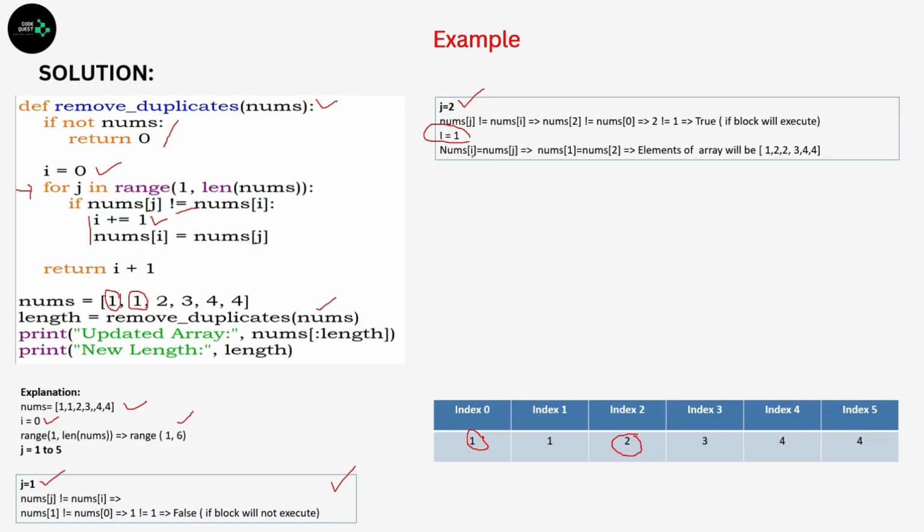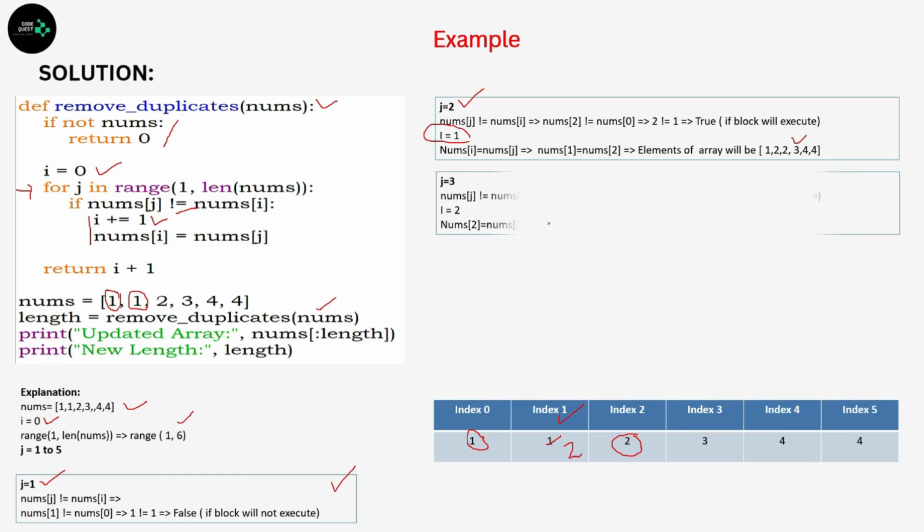So nums of I equal to nums of j, which means nums of 1, I mean this index element will be updated with nums of 2. What is nums of 2 presently? 2. I mean this 1 is now replaced with your 2. So the updated array as of now is 1, 2, 2, 3, 4, 4. That is what we have got here.